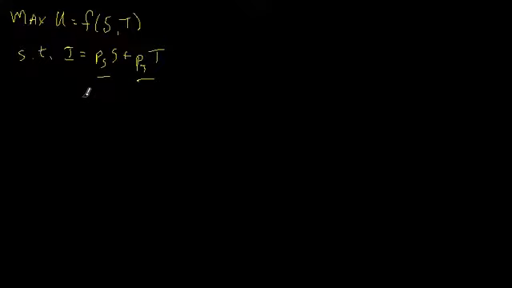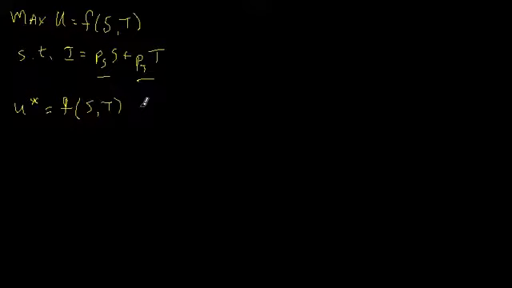The theorem says that the solution to this constrained optimization problem, that is maximizing utility subject to the income constraint, can be found by creating a new function, and the new function we'll call U star. And the new function is the original function that you wanted to maximize.